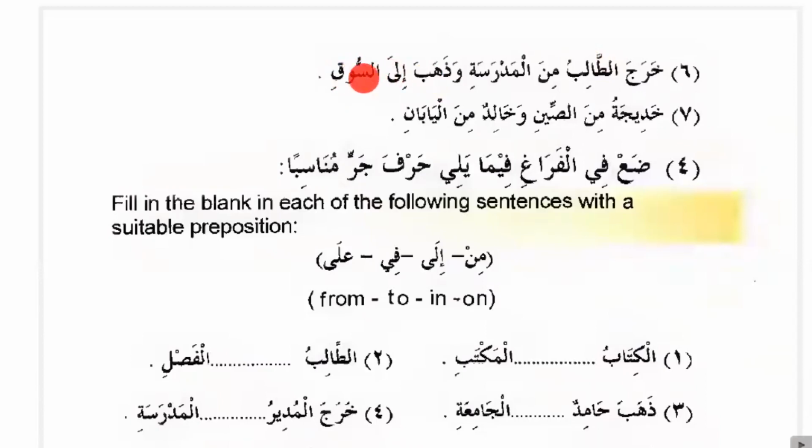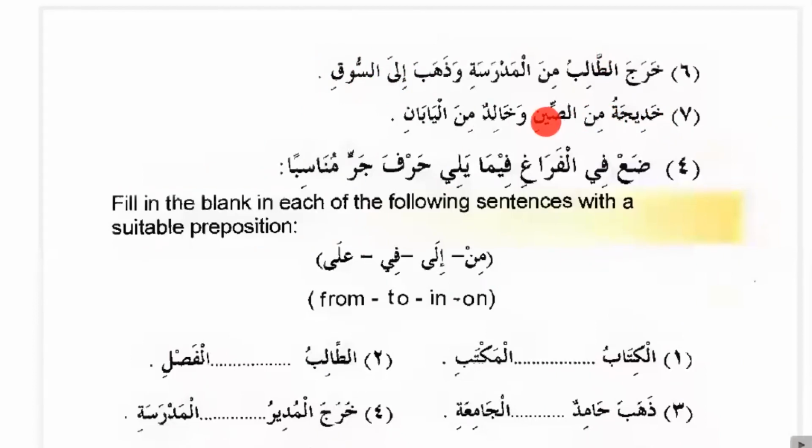Suki is the market. It's initial sukun. So when there is alif or lam, it will now tend to suku, one dhamma. And now when there is harf al-jar, that dhamma will tend to kasra. So ila suki, to the market.